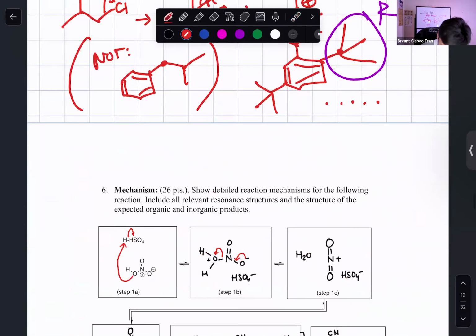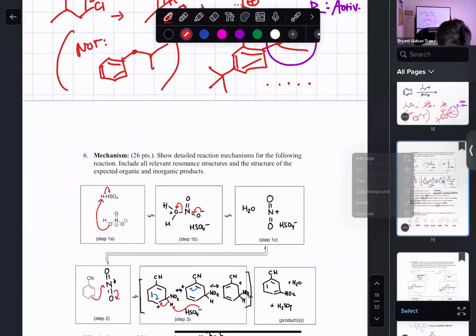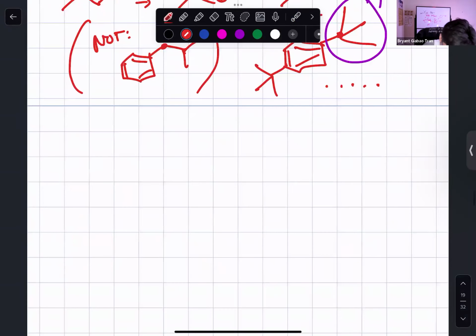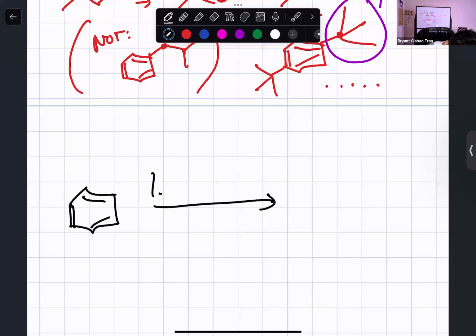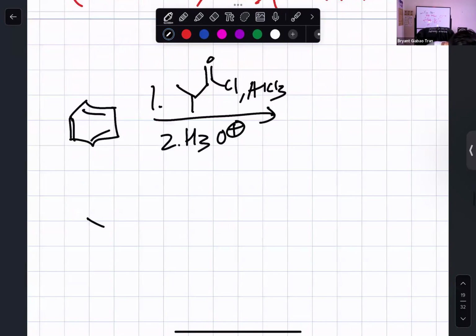The reason why Friedel-Crafts acylation does not have those two limitations is because, let's say we have this benzene ring here with these Friedel-Crafts acylation reagents here, right? The intermediate is going to be an acylium ion.